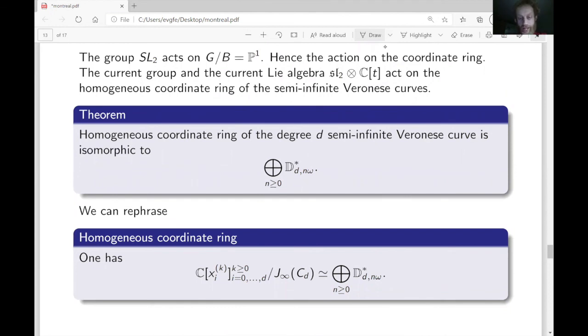The theorem says that the homogeneous coordinate ring is nothing but the direct sum of these global Demazure modules. You can see that this is very similar to the description of the coordinate ring of the Veronese curve itself, given by V, D, and omega.